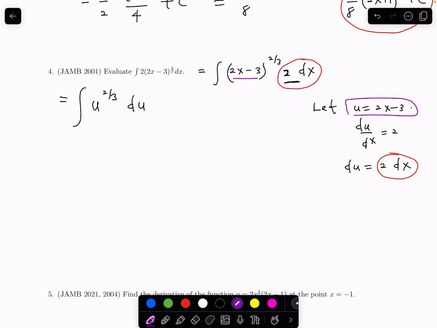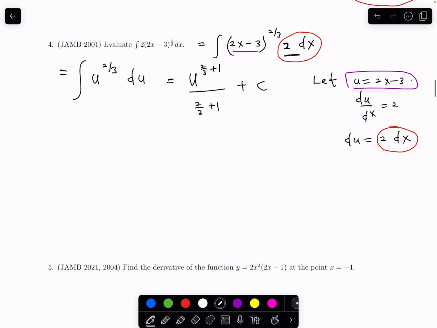So if you apply the rule of integral, which is you add 1 to the power and you divide by the new power, this is just going to be u to the power of 2 over 3 plus 1 divided by 2 over 3 plus 1, plus c. The c is the constant of integration. And instead of writing 1, I can write 3 over 3, right?